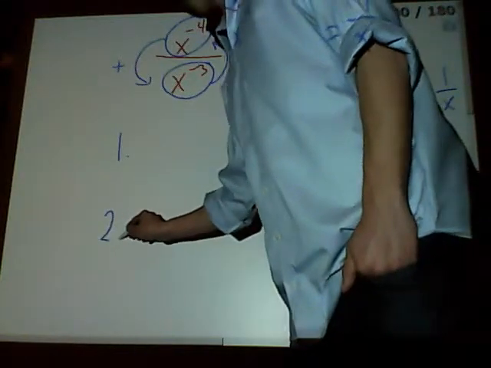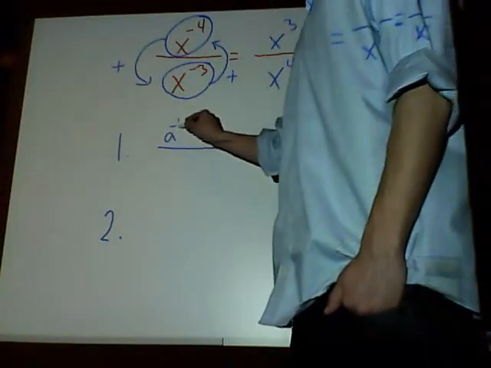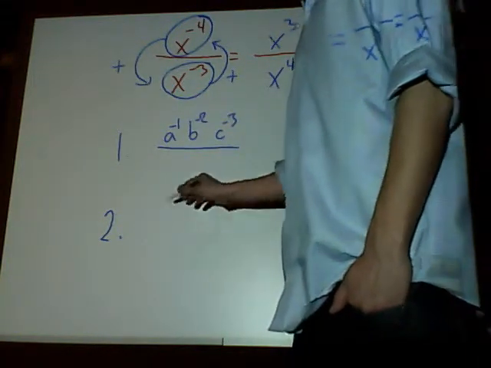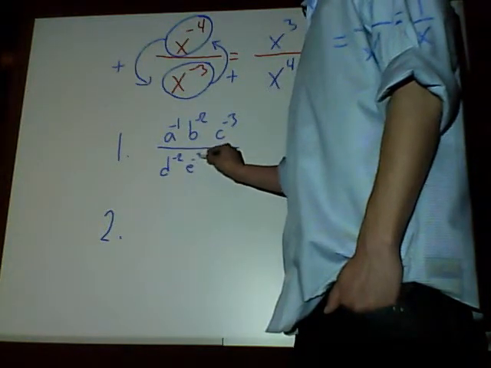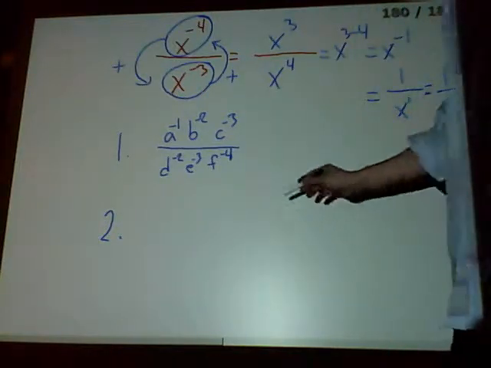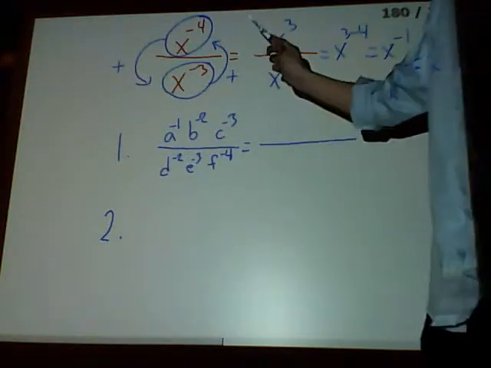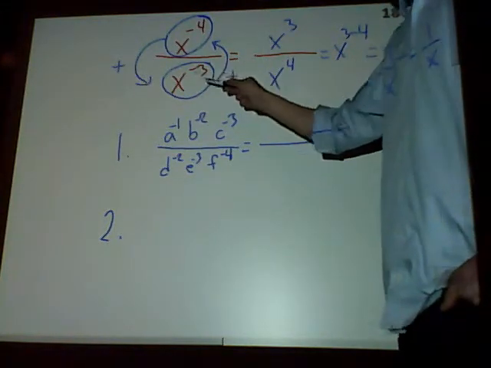Okay, let's do a couple tough ones real quick, all right? So here we go. We got a to the negative 1, b to the negative 2, and c to the negative 3. We got d to the negative 2, e to the negative 3, and f to the negative 4. Okay, so what happens? This example will show a lot of people what's going on here, okay? Because like I told you, if they're negative, they have to move to the other side.